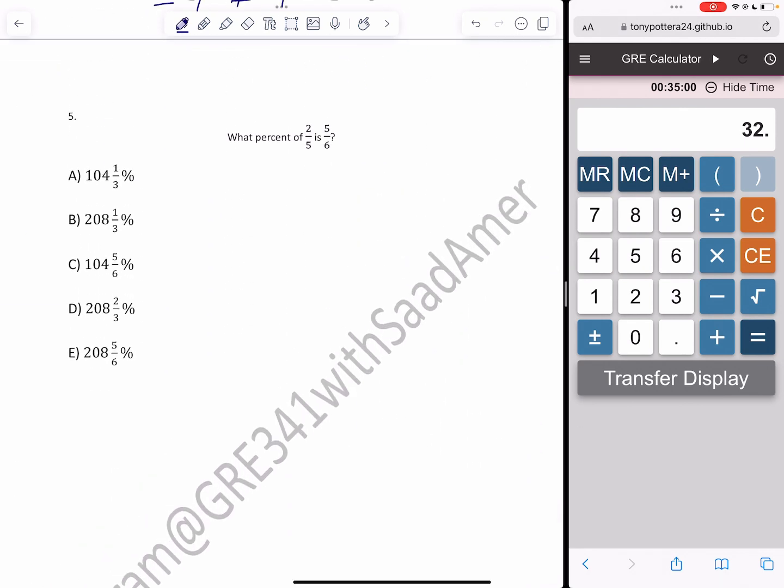What percent of 2 over 5 is 5 over 6? So to translate this English into math, 2 over 5, what percent of this number, let's take the percent of it, x percent, is 5 over 6.